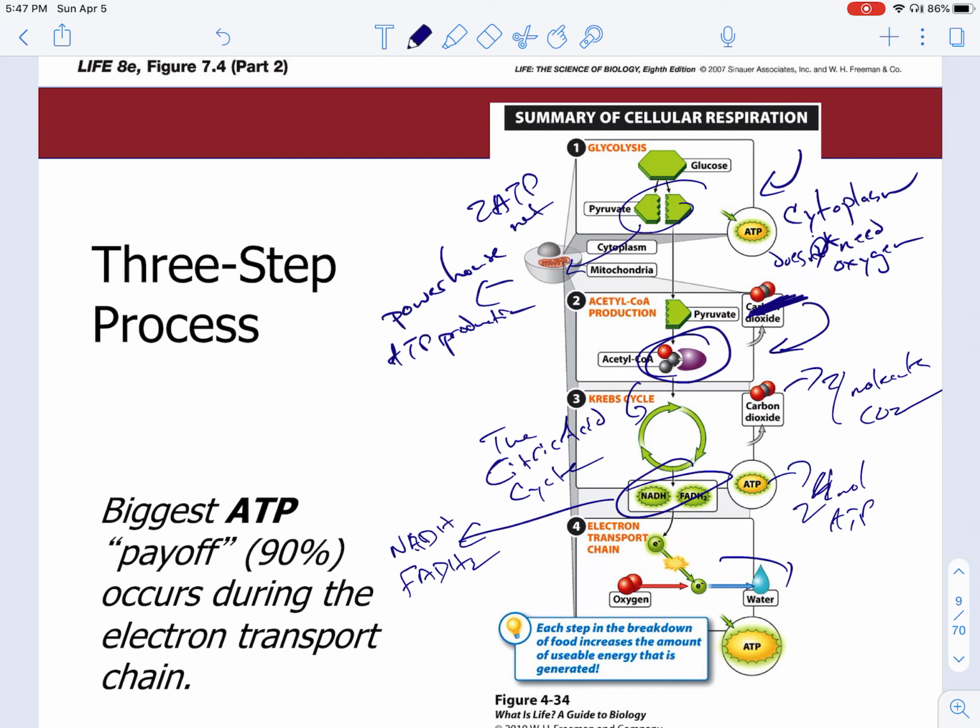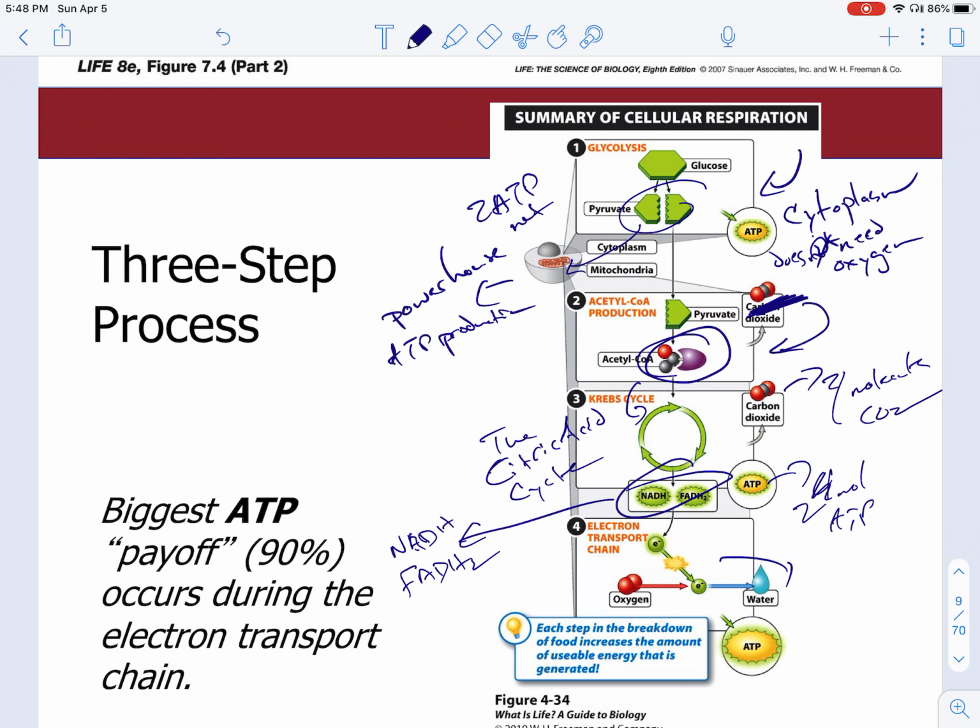In photosynthesis, the electron transport chain pumps protons into the thylakoid from the stroma, and ATP synthase pushes them back out.